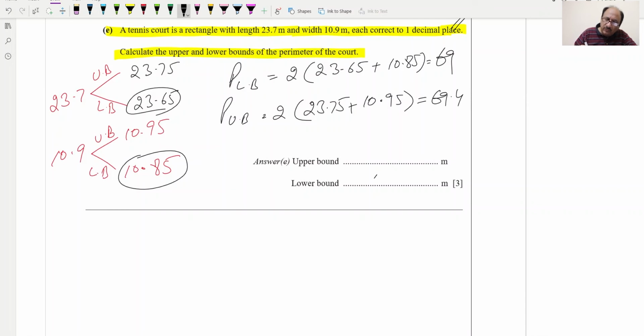So the lower bound will be 69 and the upper bound will be 69.4. Keep in mind you cannot switch these two, because the lower bound should be 69 and the upper bound should be the larger value. Otherwise you lose 1 mark for this.